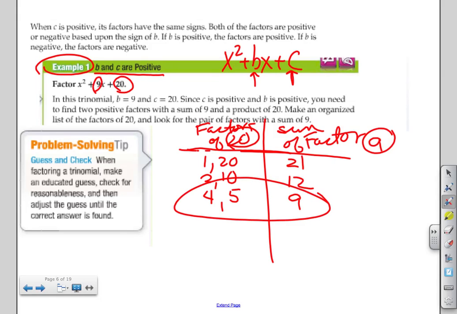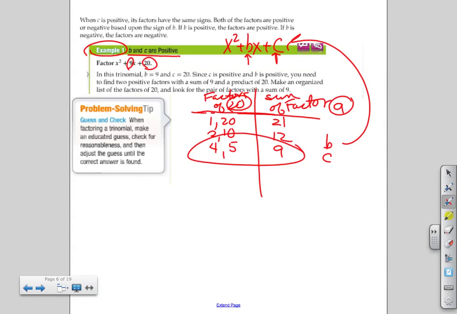So now we have found our B and our C for this equation, right? So let me extend my page here a little bit. We've made our chart, and that helped us find what we needed, right?